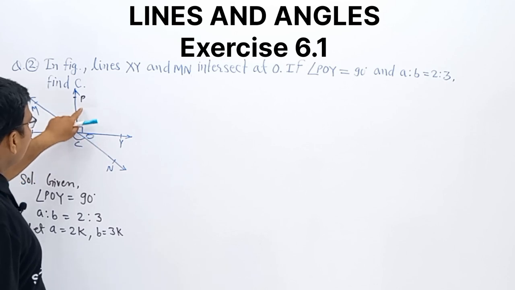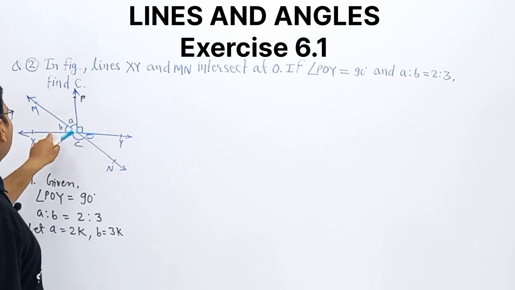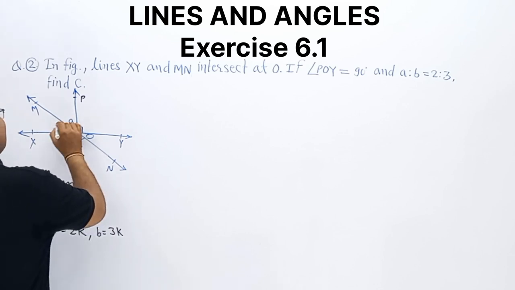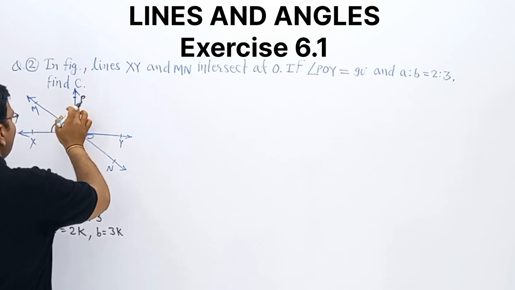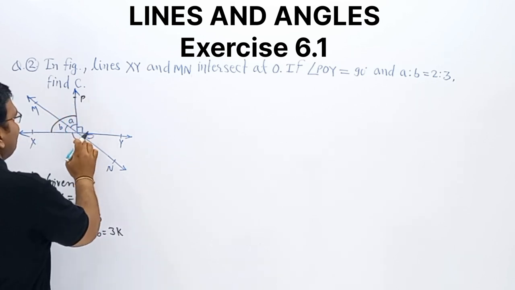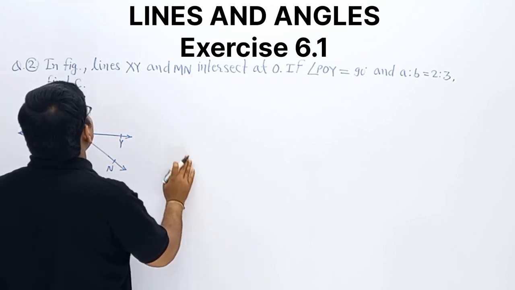What can we say? We have POY. This angle is given as 90 degrees, and this will be equal to this one. Yes or no? This POX and POY will be 90 degrees. So what can we say?